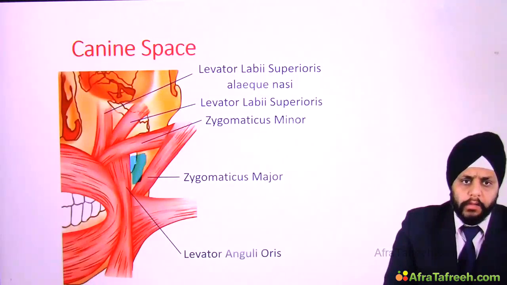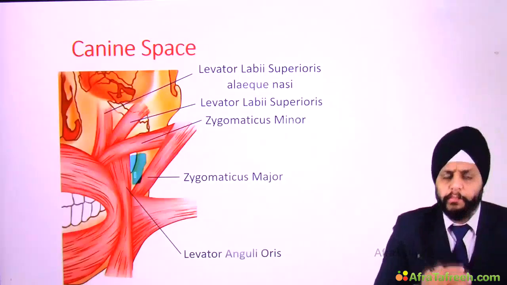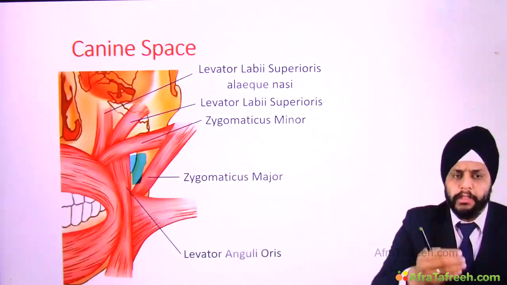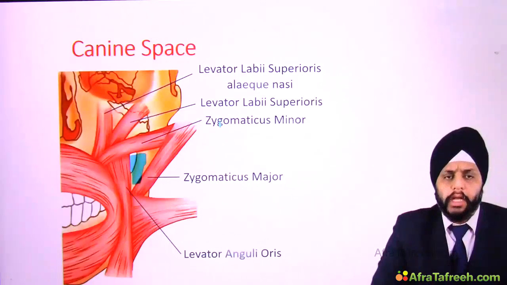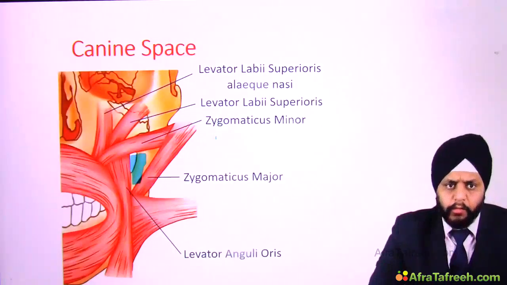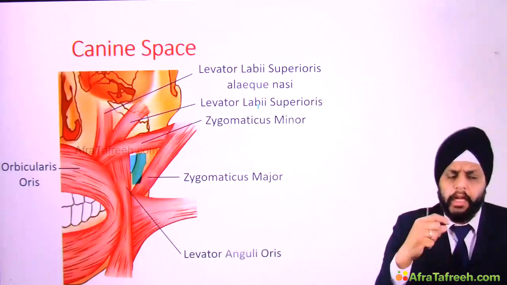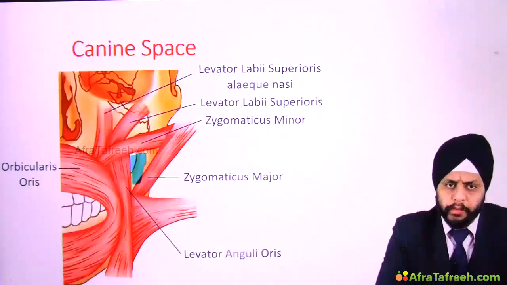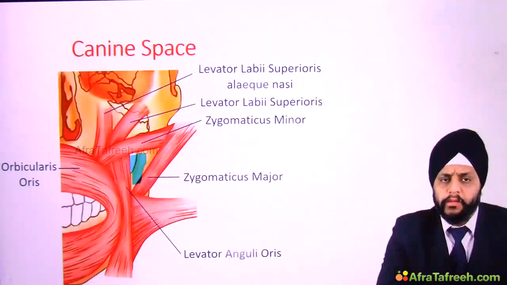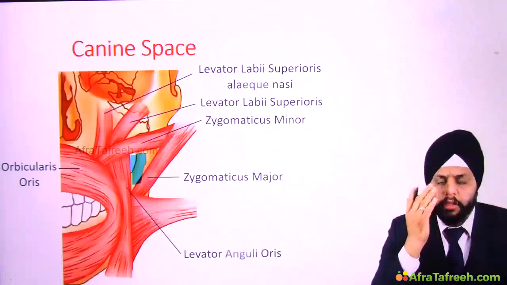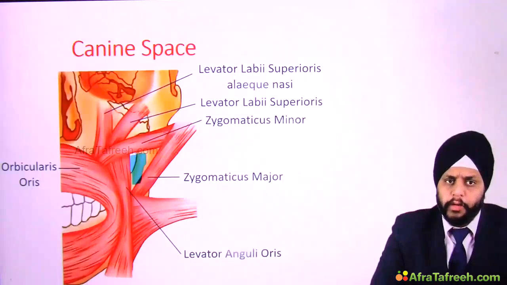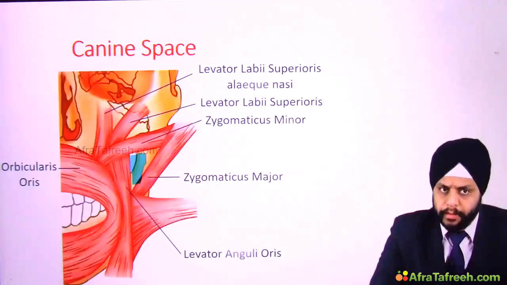That is your space which posteriorly communicates with the buccal space. So that is your canine space. You can also see the orbicularis oris over here, that helps in opening and closing of the mouth. An infection in the canine tooth can lead to formation of an abscess over here. That's a canine space abscess.